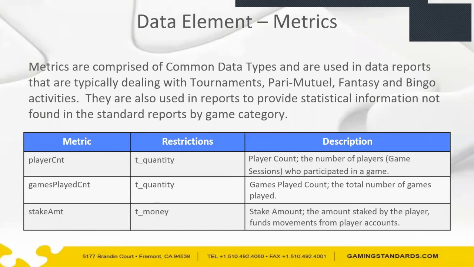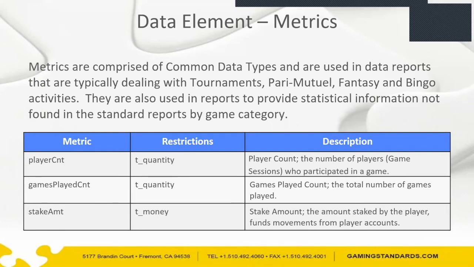They're also used to report statistical information, which is why they're called metrics. They're not really designed to provide specific data like a player name or ante amount or games wagered or something like that. They really are designed for statistical purposes.